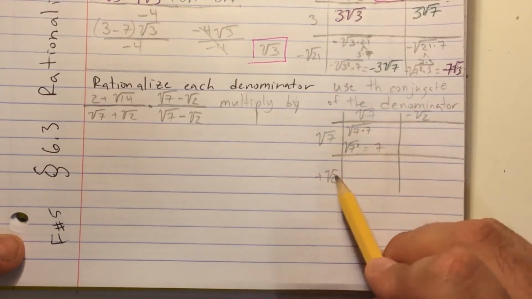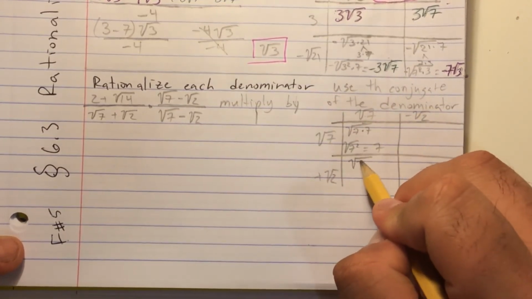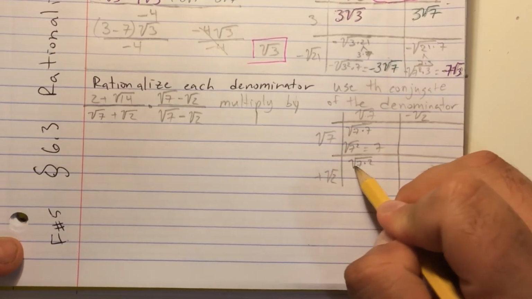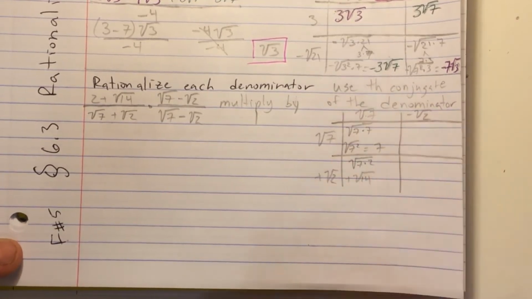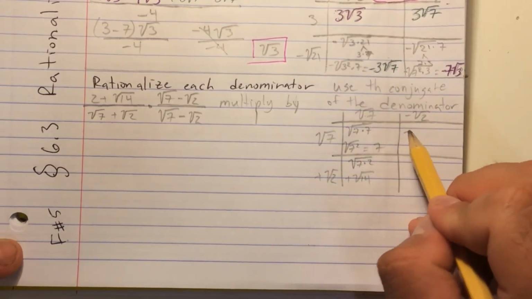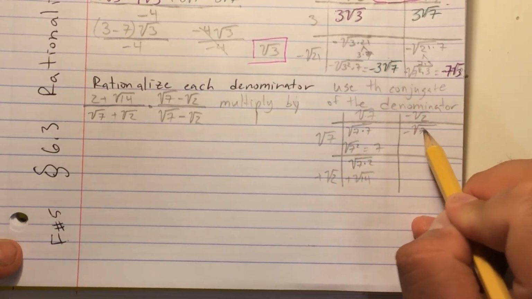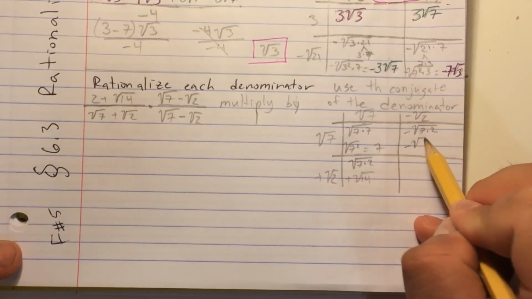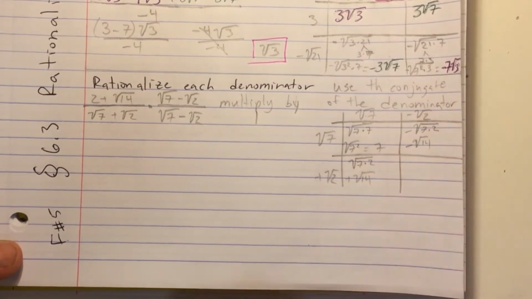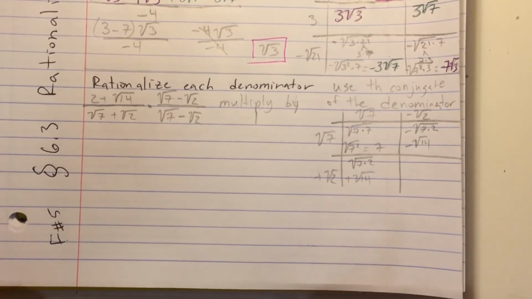We have our radical 7 times our radical 2, positive. This would give us our radical 14. Then we have our negative radical 7 times our radical 2, which gives us our negative radical 14, which is fantastic.